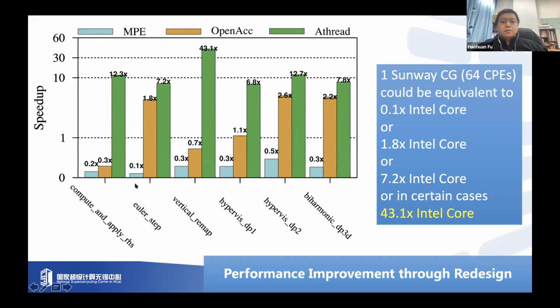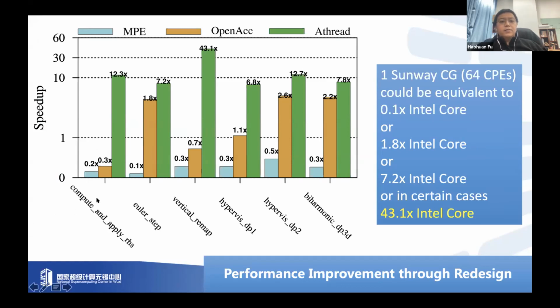If you look at these three bars, the first one, the starting point, is the ported code. We just port the code onto the management core of the Sunway processor.